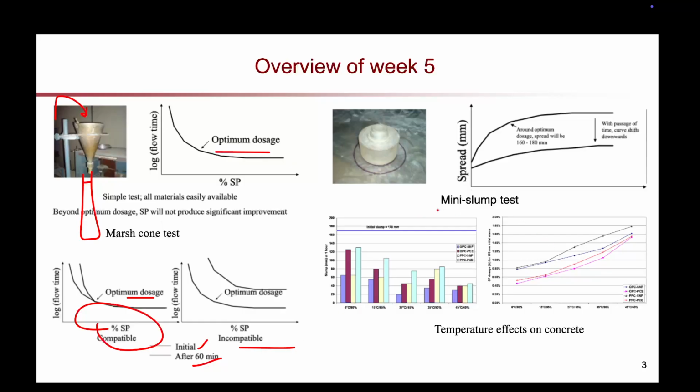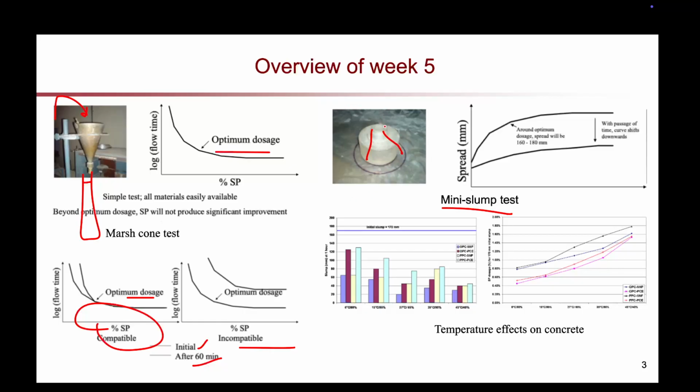The next test, in the same way as the Marsh cone test, is the mini slump test. For superplasticizer work, we check the slump test in concrete, so based on that we have made a small mini slump test. It has a triangular shape from the inside, like this. Sorry for the drawing.